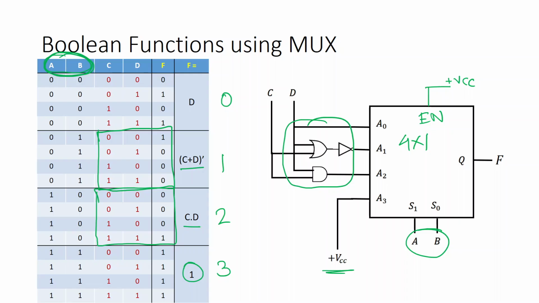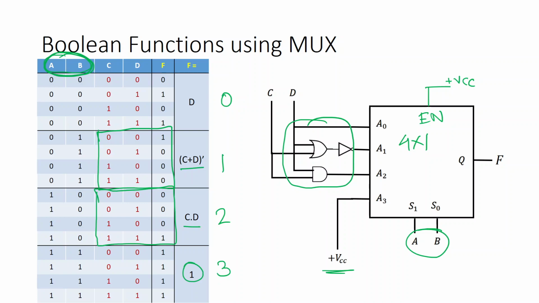With this I end the lecture, and I hope you have got a good understanding of how you can implement any truth table using decoders and muxes. So with that we also come to the end of combinational circuit design.